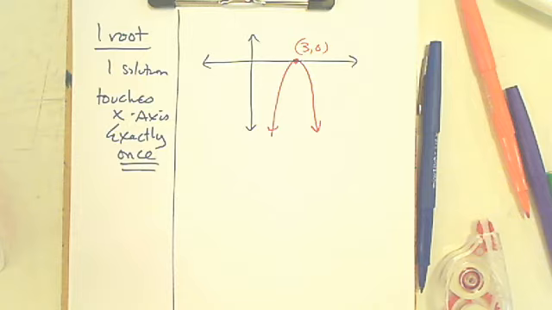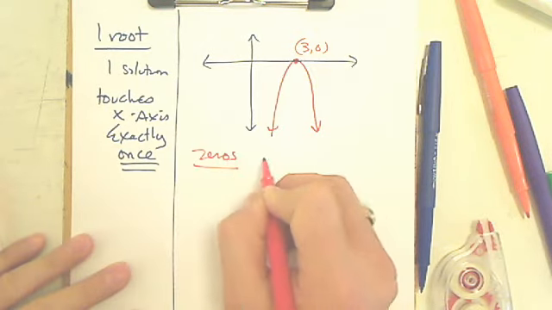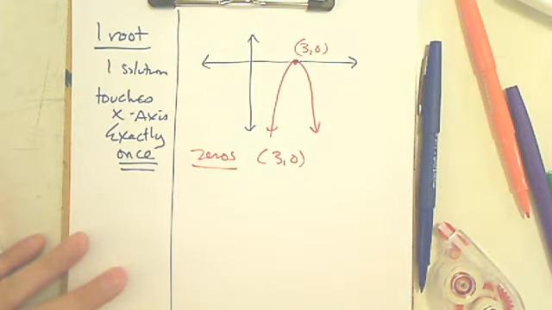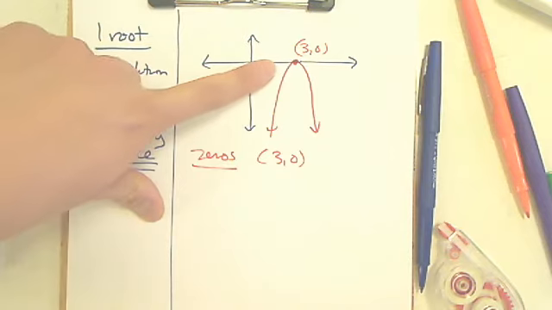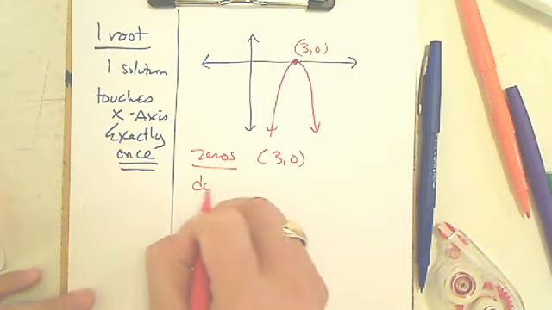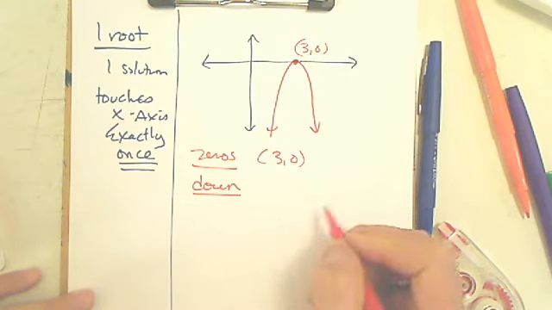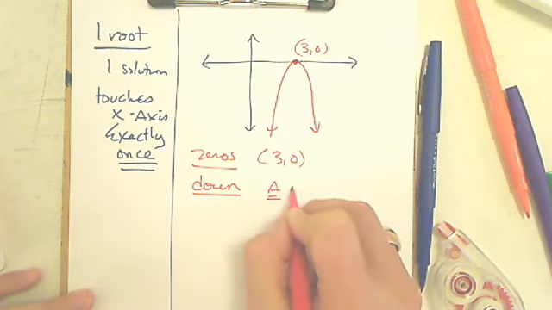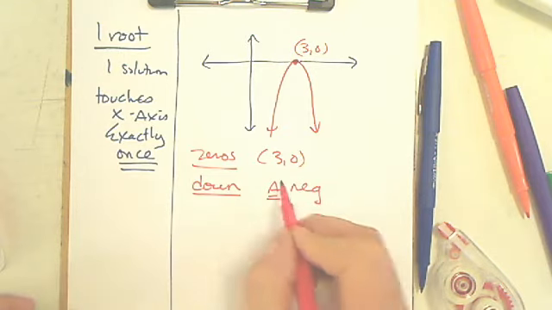Where are my zeros? It's located at 3, 0. It only touches once, right there. Nia Carter, up or down? Because the A is negative.